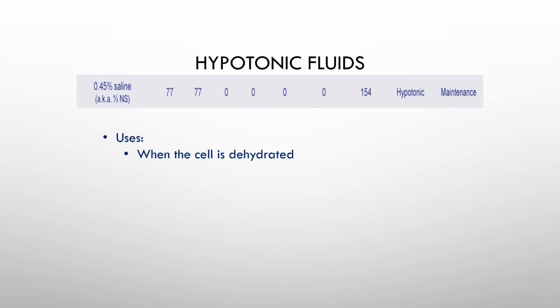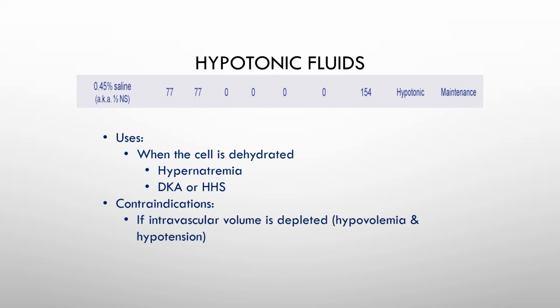Its uses include when the cell is dehydrated, such as nausea, vomiting, and diarrhea, or when the patient is hypernatremic, or if the patient has DKA or HHS. Contraindications include if the IVC is depleted, such as hypovolemia and hypotension, trauma, burns, and it's contraindicated as it can increase the intracranial pressure, which would cause cerebral edema.